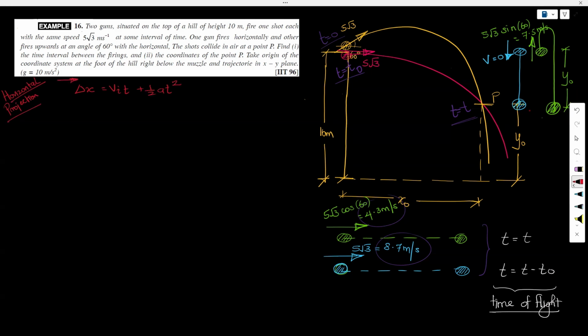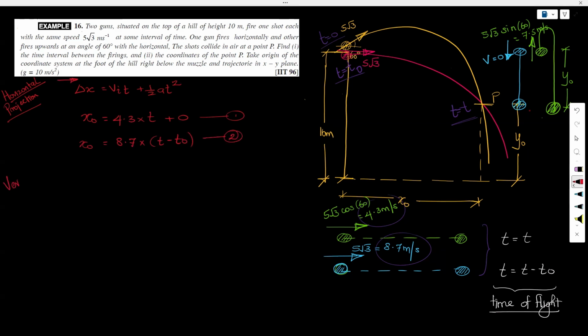So for the first particle, it is x naught, initial velocity is 4.3, and the duration of flight is t plus 0. So that is my first equation. And the second one is also x naught, but the velocity is 8.7, and the flight time is t minus t naught. That is my second equation. So let's keep it as it is.